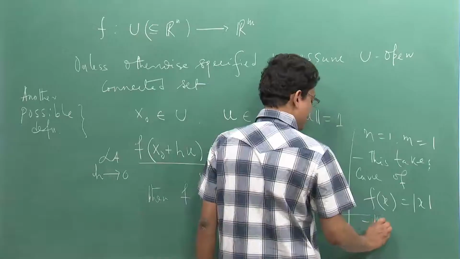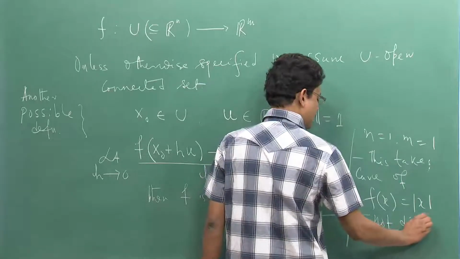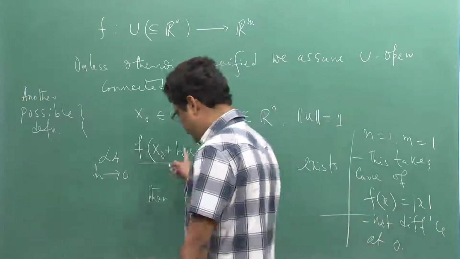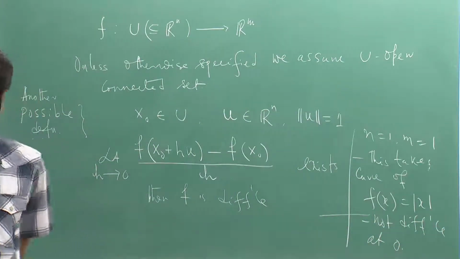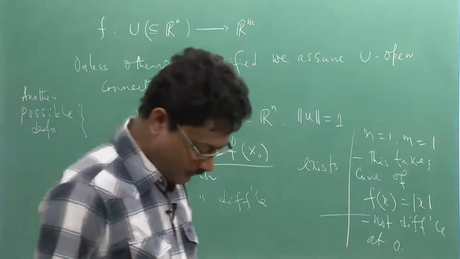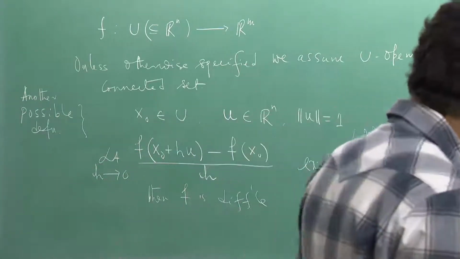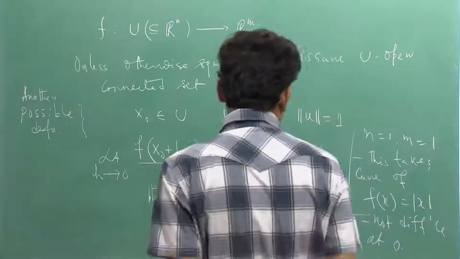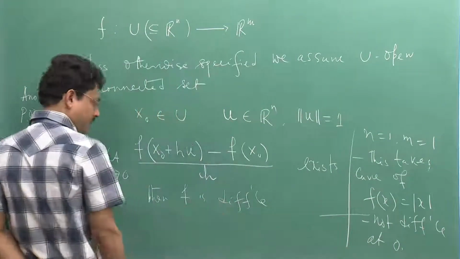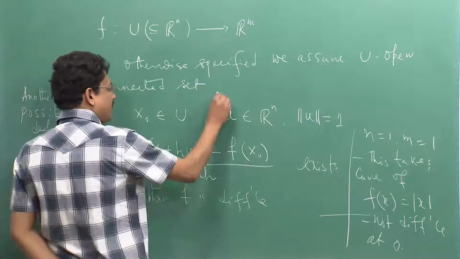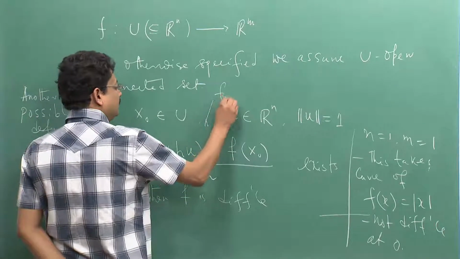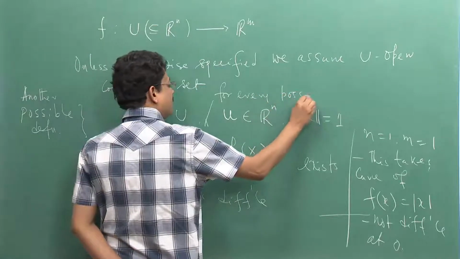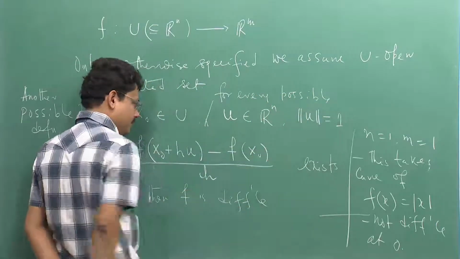It is not differentiable at 0. If I put this definition, that is the modification I have done, not bad. And I want this to happen for every possible u.